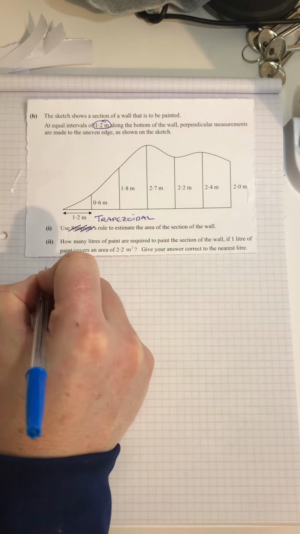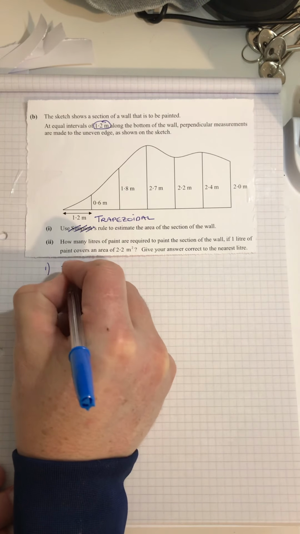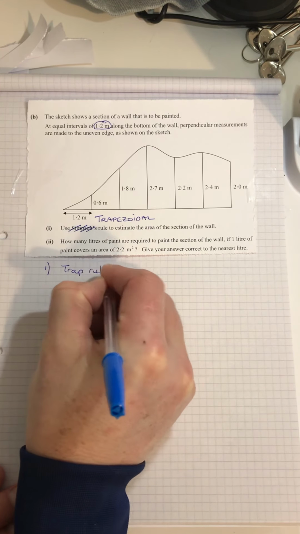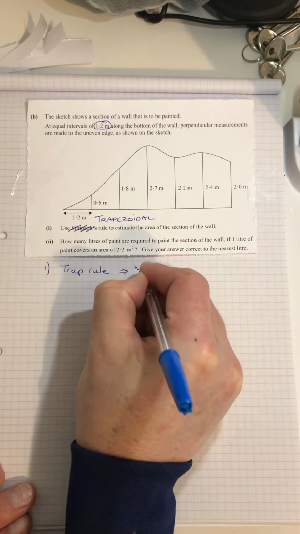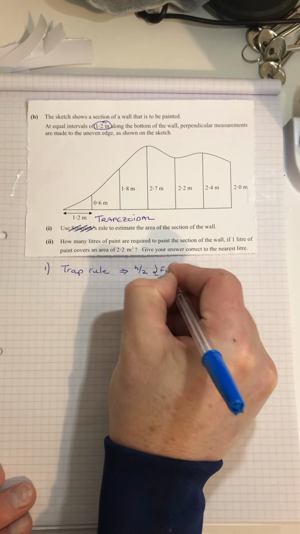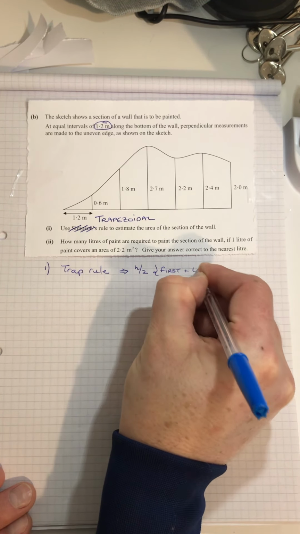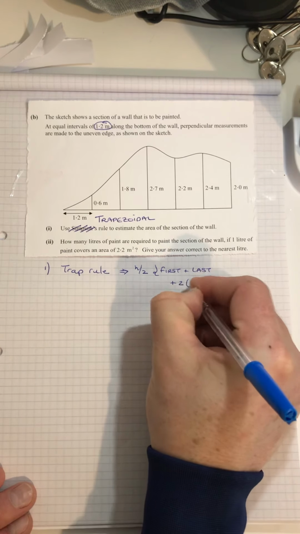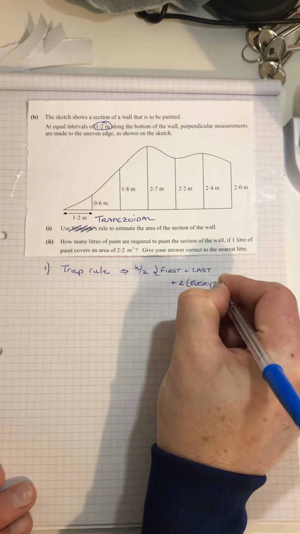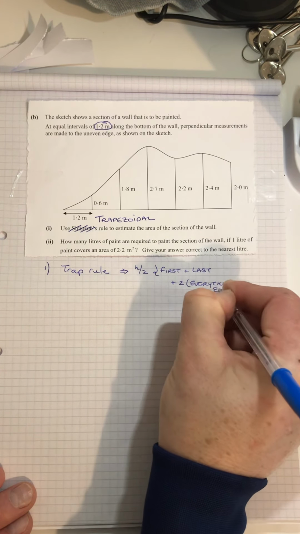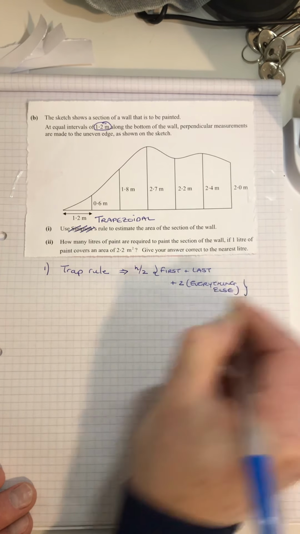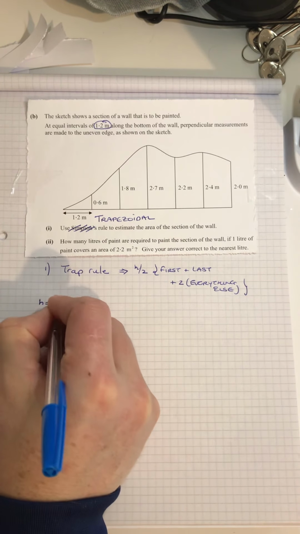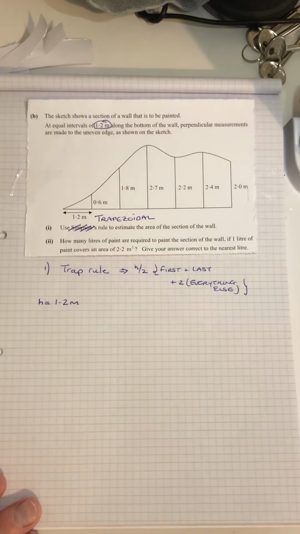So we know the trapezoidal rule is equal to h over 2, the first plus the last plus twice everything else. So in this case h we know is 1.2 meters.